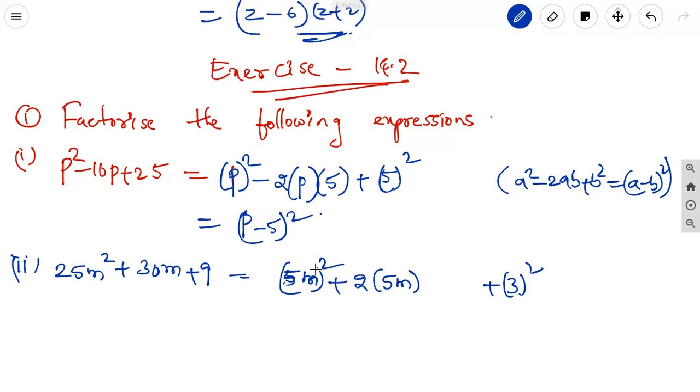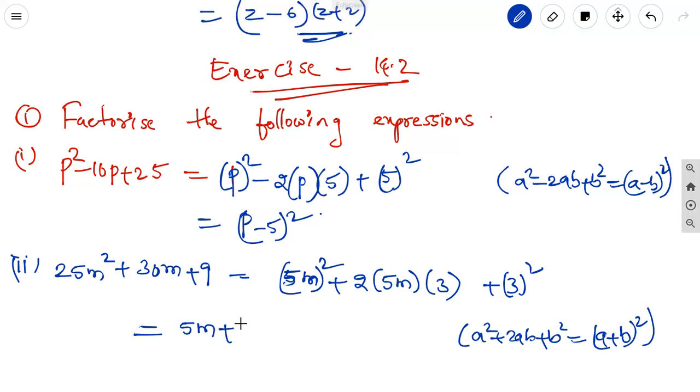So a square plus 2ab plus b square. What is the suitable identity? a square plus 2ab plus b square equals (a plus b) whole square. So a is 5m, b is 3. So (5m plus 3) whole square.